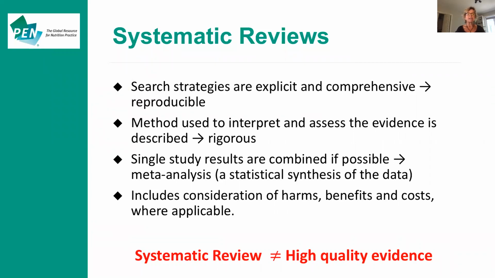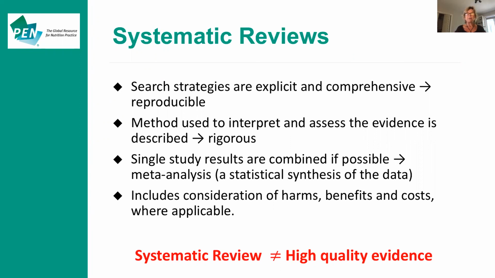It should have a rigorous methodology described that they're using to interpret and assess the evidence. And if possible, a meta-analysis can be done to combine results to describe overall results amongst the studies. And a good systematic review also includes a well-developed question that considers harms as well as benefits and costs where applicable.